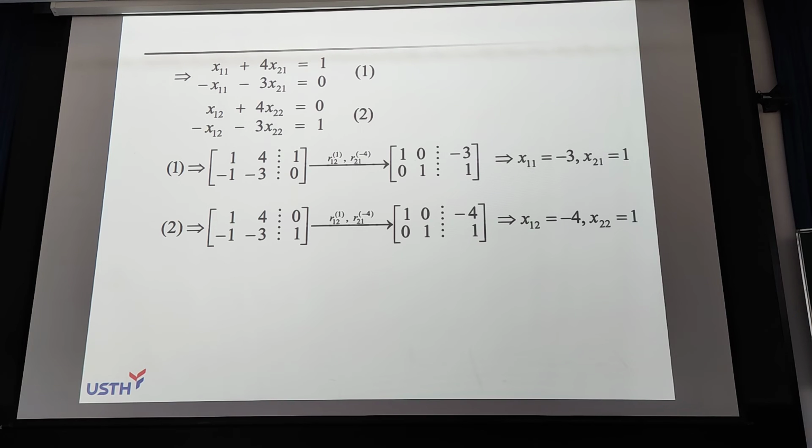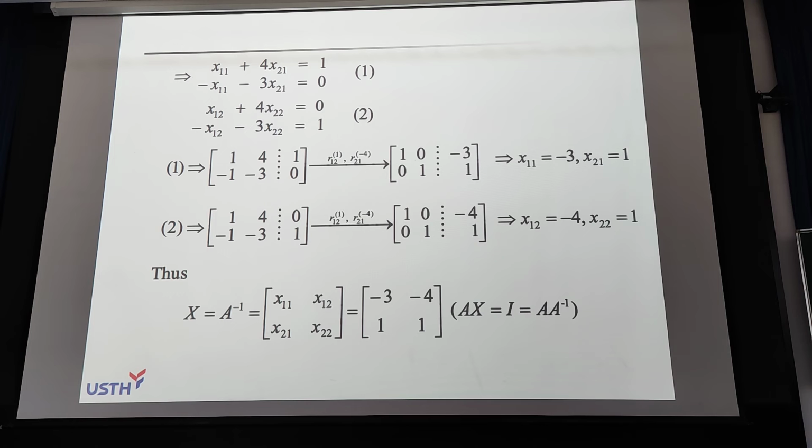If you take a look at that, you will see on both lines here, we always apply the same operation, and we get that solution. And that is the way we find the inverse by solving the system of linear equations. Then X equals A inverse to be that.